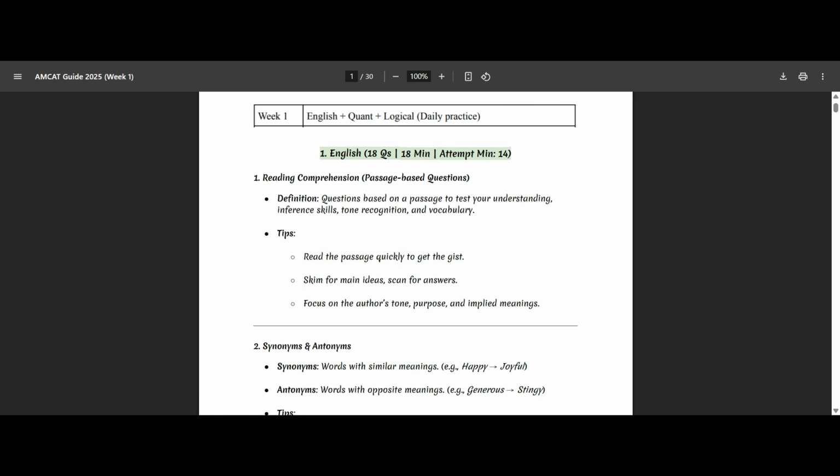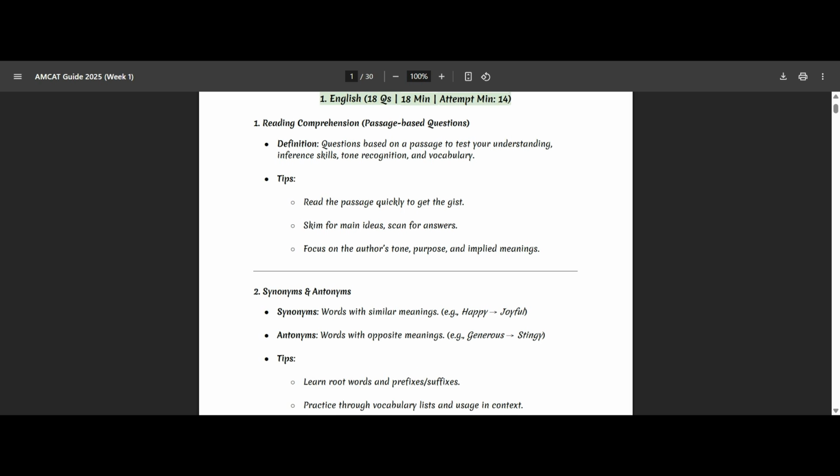Now, what are the further subtopics within this English branch? First is reading comprehension. Questions based on a passage to test your understanding, inference skills, tone recognition, and vocabulary. So, here you will be given a passage to read quickly and get the gist, okay? Then skim for main ideas, scan for answers. Focus on the author's tone, purpose, and implied meanings.